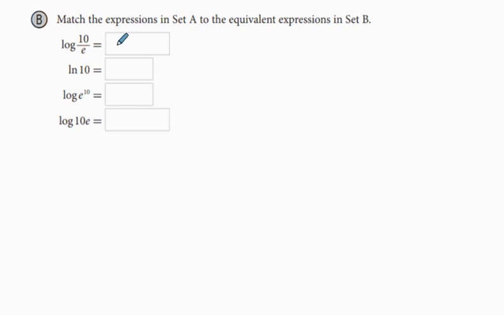Well, 1 minus log e is this one. ln 10 is going to be 1 over log e. This log e to the 10th power is 10 log e.